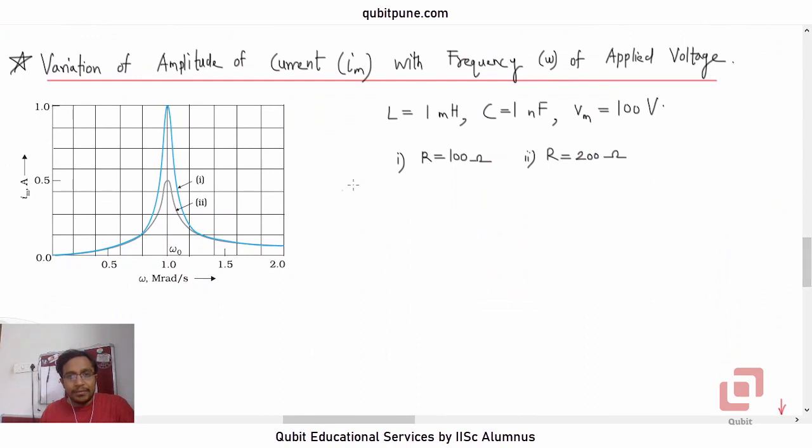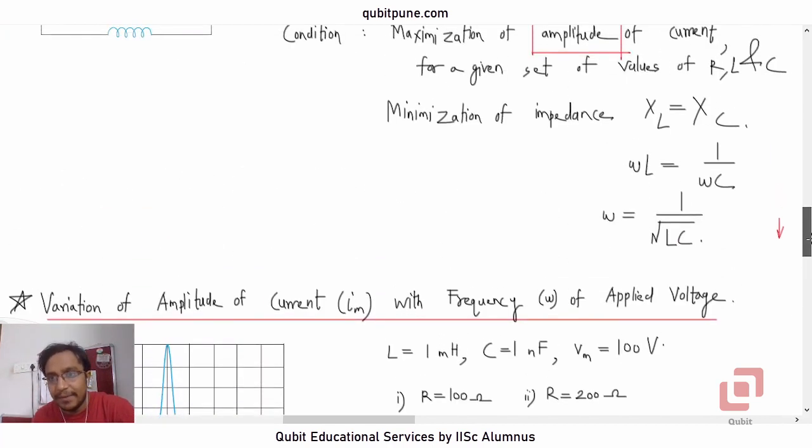And of course, if we are not changing R, L, C, or Vm, then the amplitude of the current does change with frequency omega of the applied voltage. So if you change omega, you can get resonating condition, or you can get resonance. Alternately, you have three parameters here, omega, L and C. If you know two of them, then you can adjust the third one.